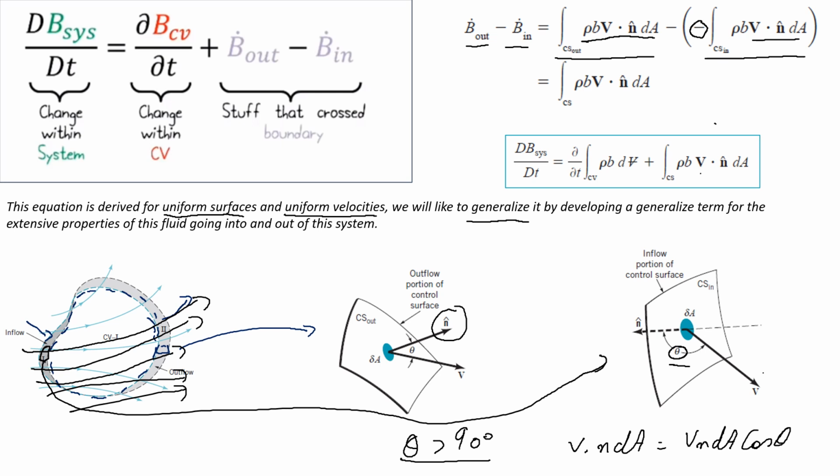So this dot product between these two terms, my velocity and my unit normal vector and the small area dA, can now define the direction of my fluid, whether it is going into the system or going out of the system. So now this is a more generalized term, and it can be applied to any scenario, not only to uniform surfaces and uniform velocities.